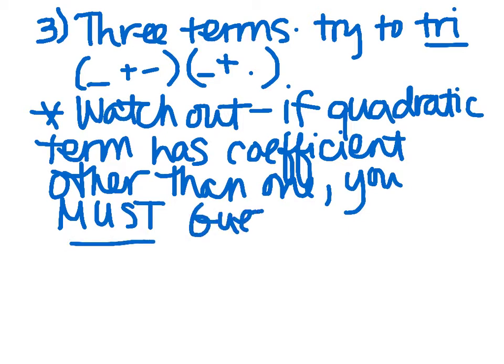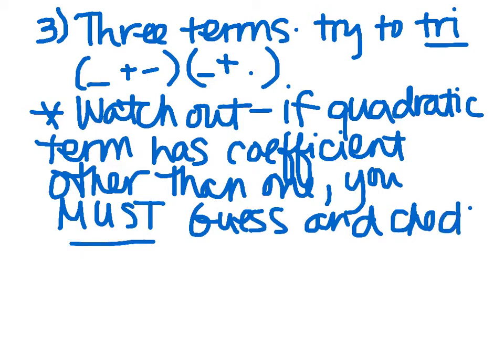Guess and check. In other words, it's not going to multiply to C and add or subtract to B. You make your guess based on the first term of the trinomial and the last term of the trinomial, and then you have to check your guess using the O and the I.